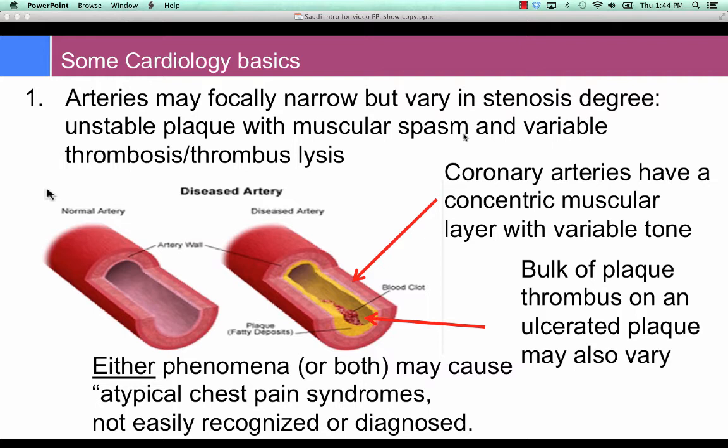There may be partial lysis of a blood clot. There may be relaxation of inflammatory-based spasm. Either phenomenon may cause atypical chest pain. In other words, chest pain that, because of the dynamic temporal nature, can flare and change over the course of hours or minutes or days. These are atypical chest pain syndromes that are much more difficult to diagnose and are not easily clinically recognized.